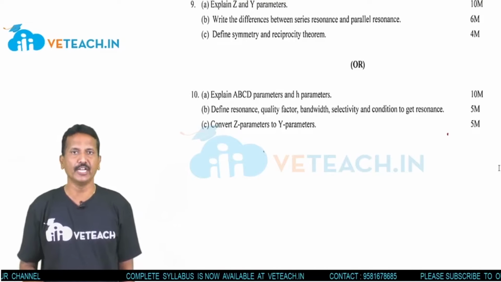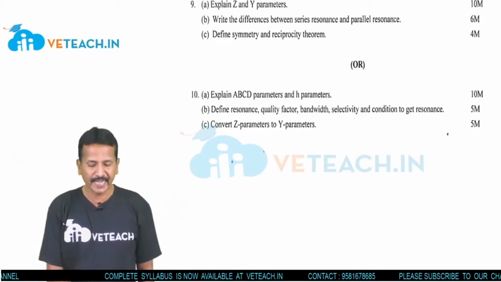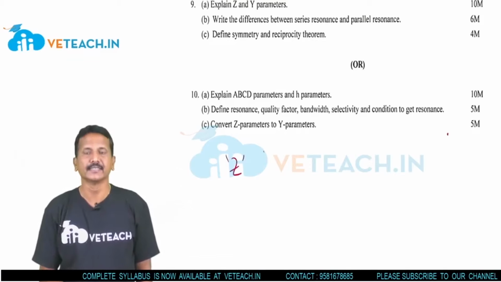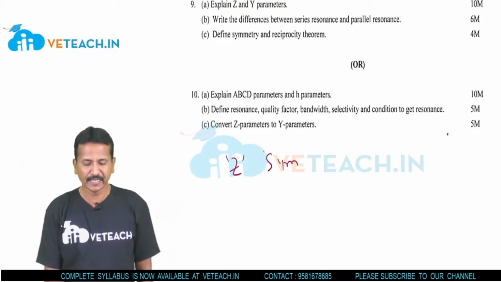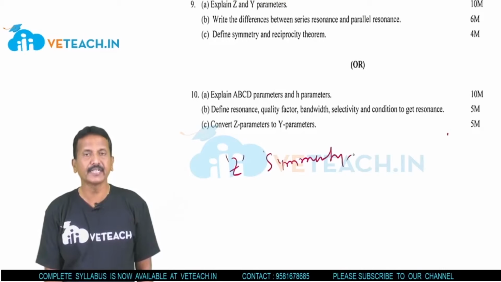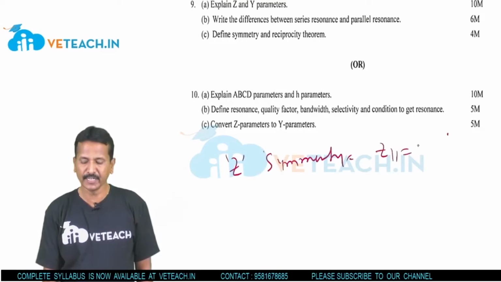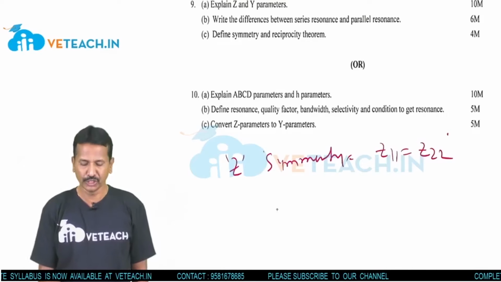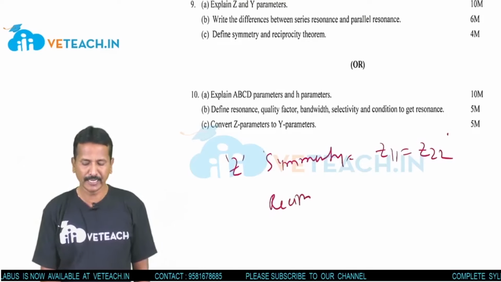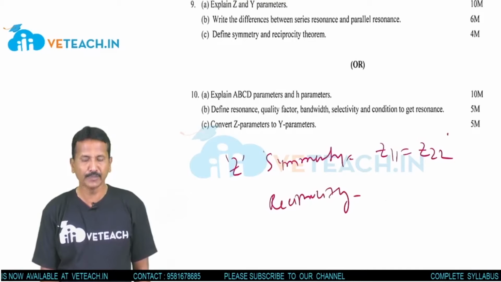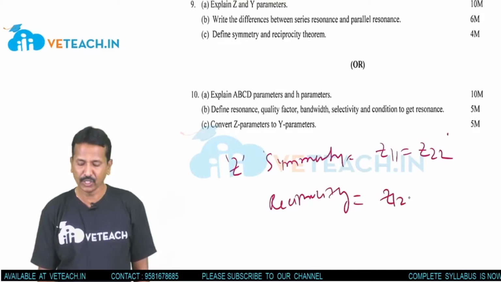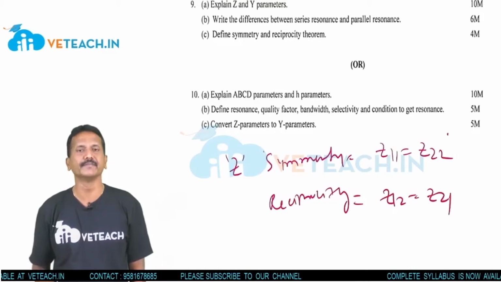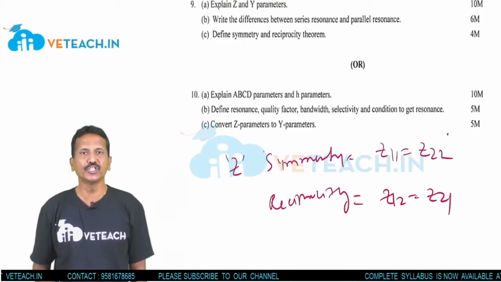Those values are the symmetry values. For example, if you take Z parameters, the symmetry condition is Z11 is equal to Z22, and the reciprocity condition is Z12 is equal to Z21.